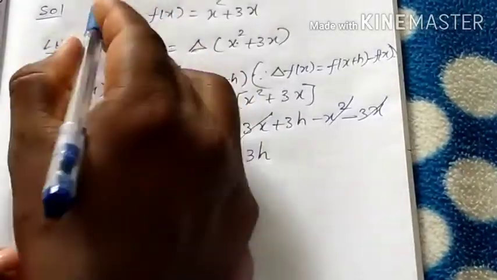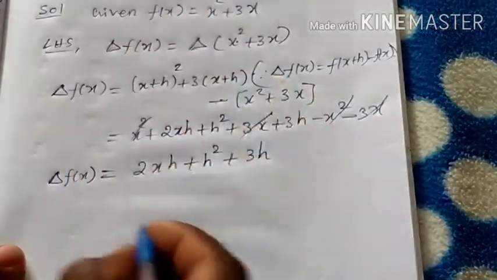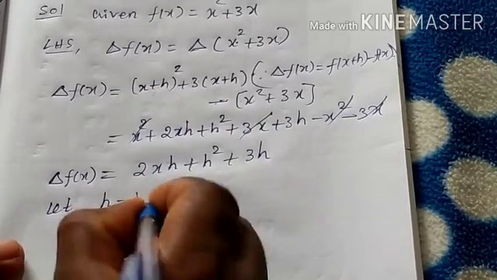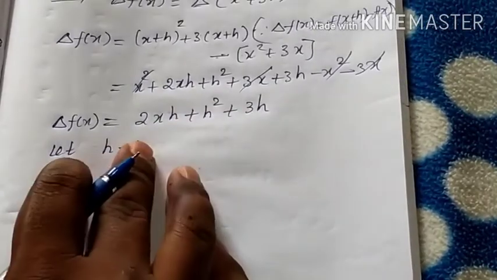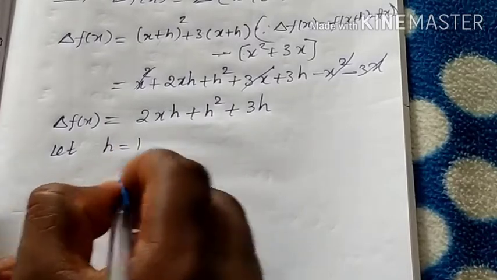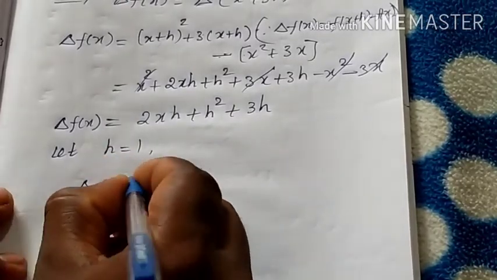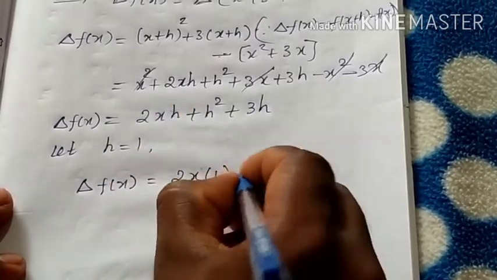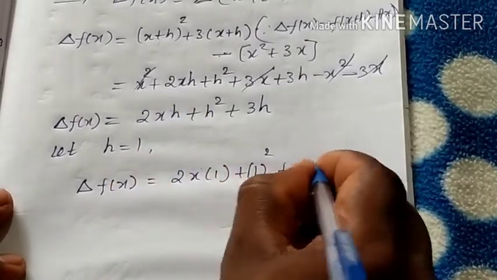But you want to find delta f of x equal to 2x plus 4. Okay, so let us consider h is equal to 1. Okay, the interval value is 1, means delta f of x equal to 2x, h replacing now 1, plus 1 square plus 3 into 1.